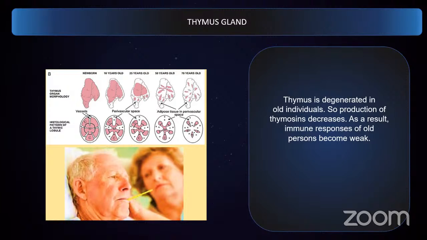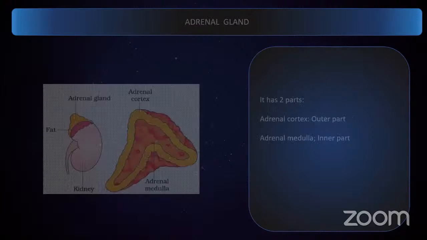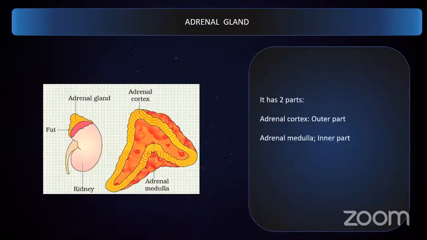That will lead to a decrease in thymosin production. That is why older people are not able to defend themselves as well, or they don't have stronger immunity, or they're immunologically weak. The next organ we have to study is the adrenal gland.